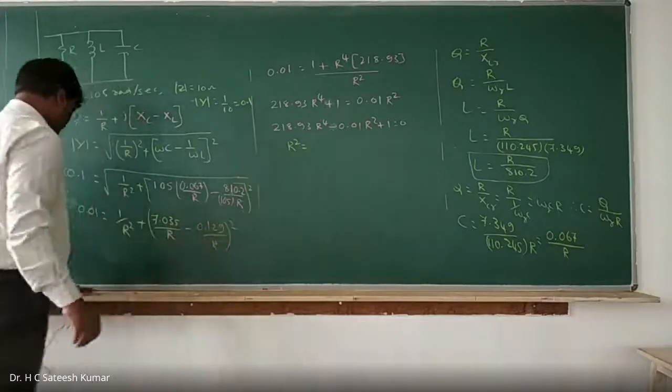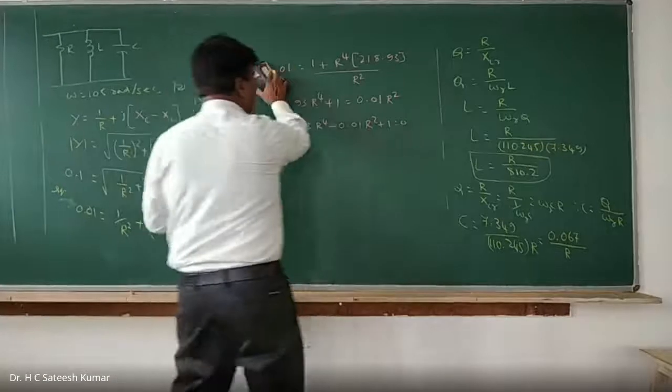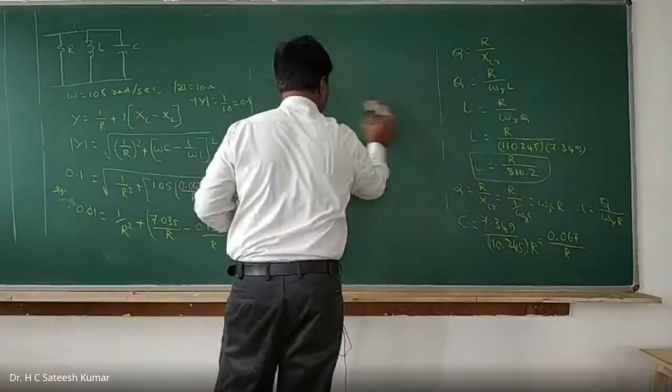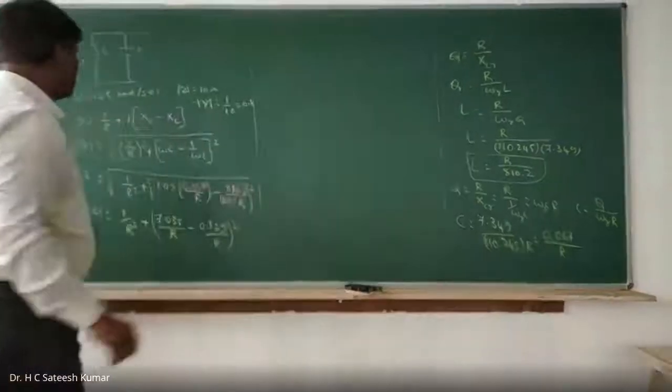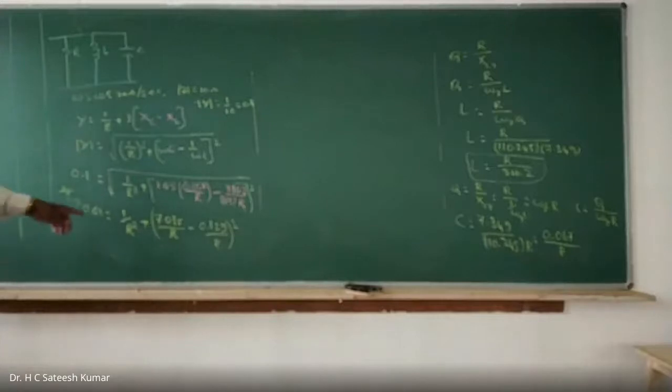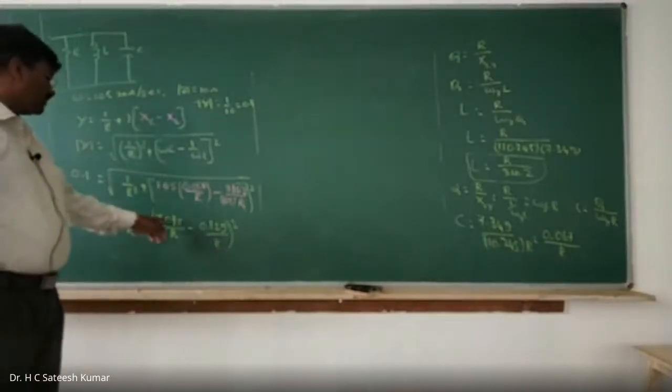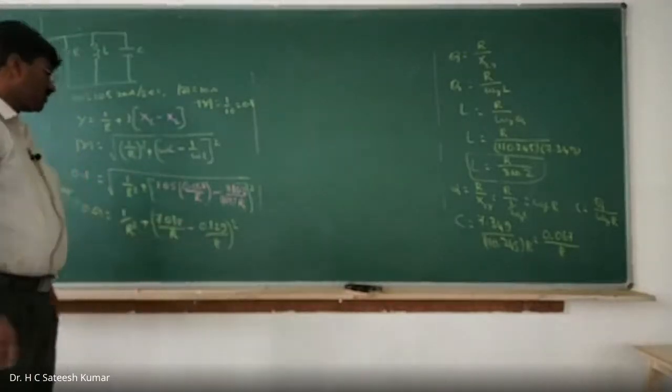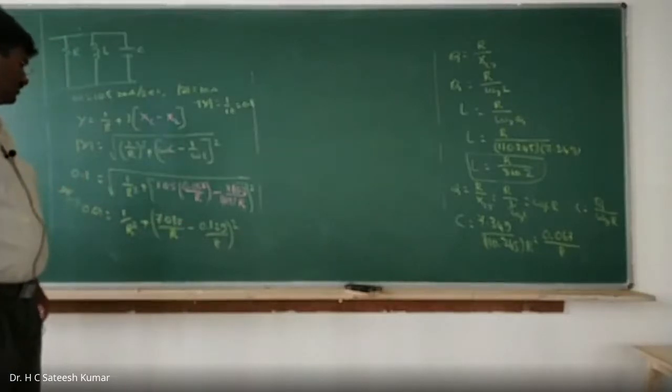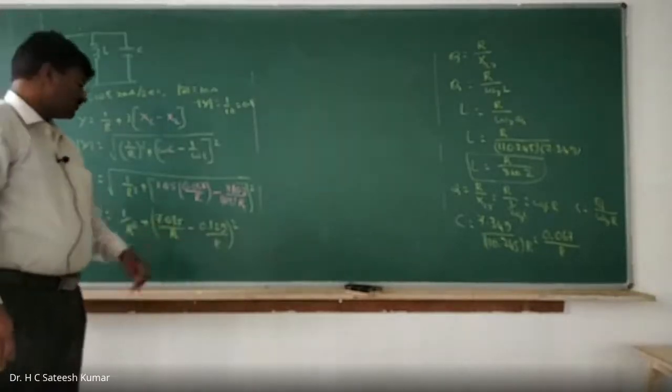Okay, what is it that we get? Now what is it that we have? This one, subtract: 7.05 minus 0.129, only the numerator, subtract.